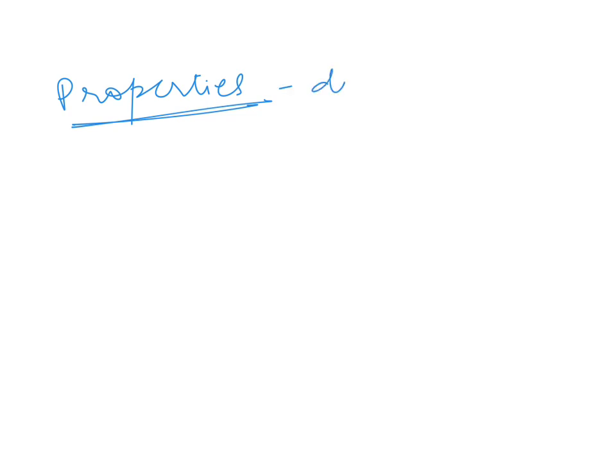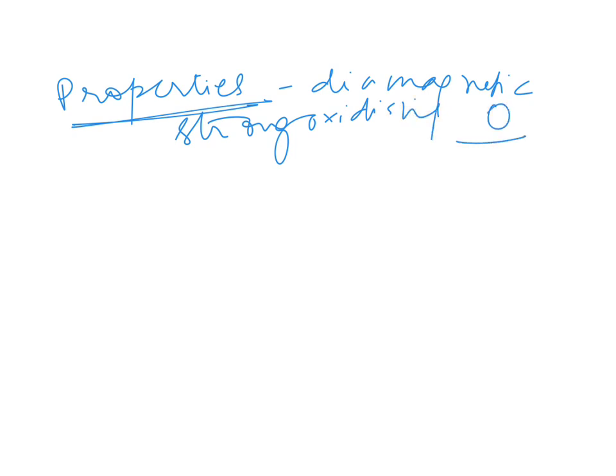It is diamagnetic. It is a strong oxidizing agent and liberates nascent oxygen. Means O3 gives O2 plus nascent oxygen.